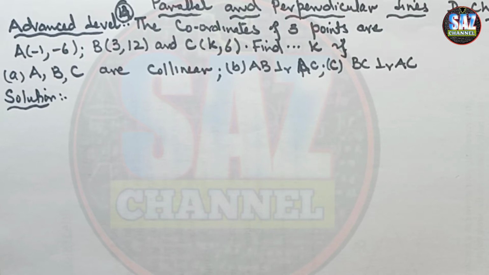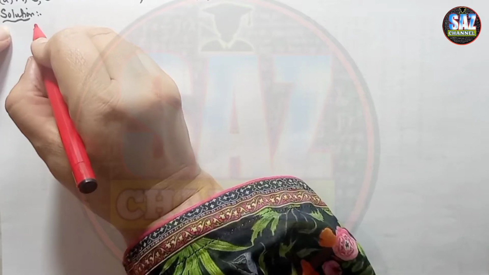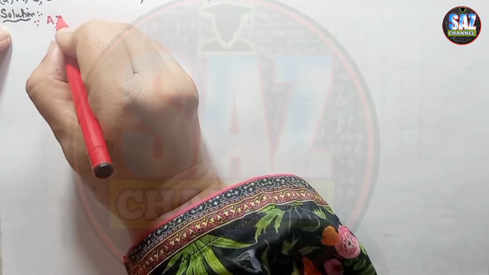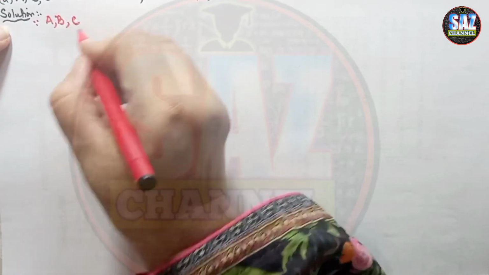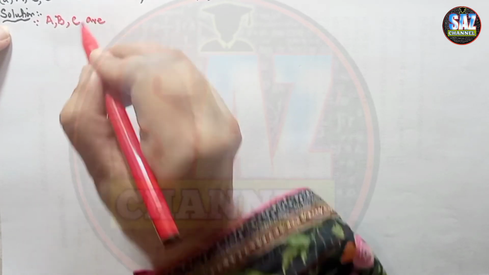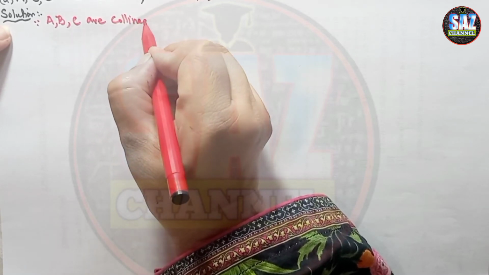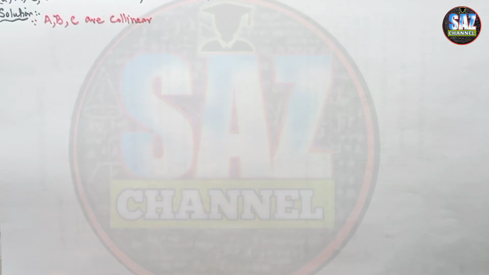Recall the condition for 3 points to be collinear. Collinear means they lie on the same straight line.